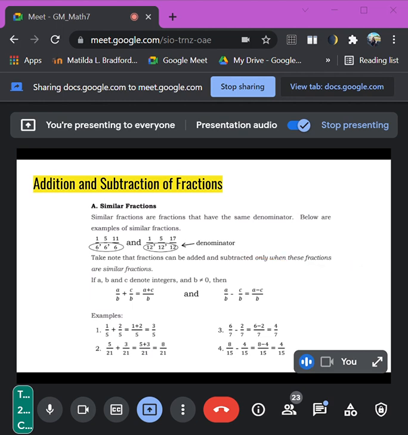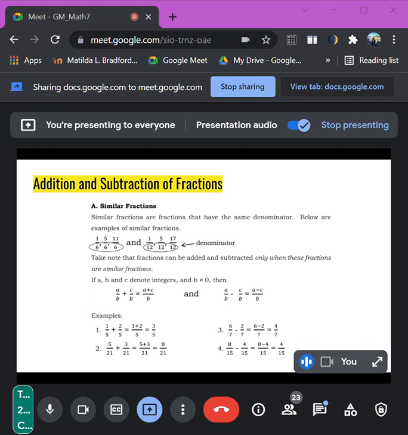So take note that fractions can be added and subtracted only when these fractions are similar. So it is very easy for you to add. It's easy for you to subtract if your fractions are similar. Okay?